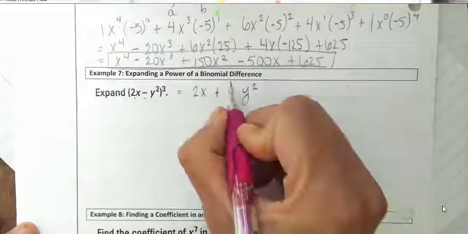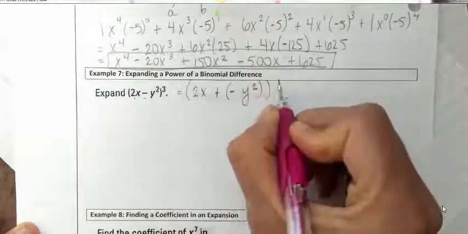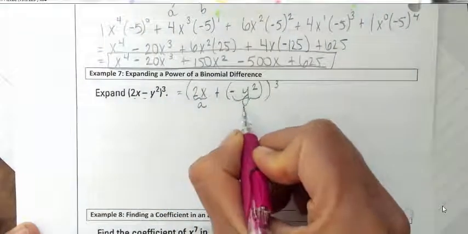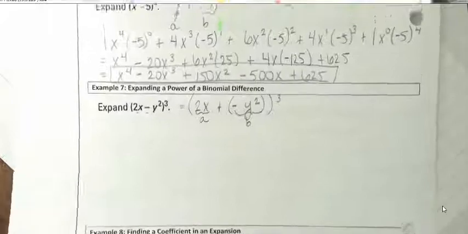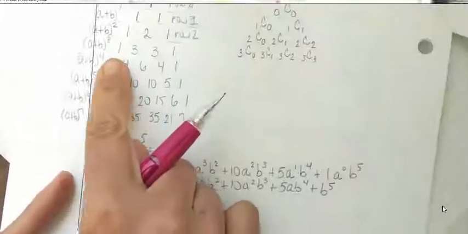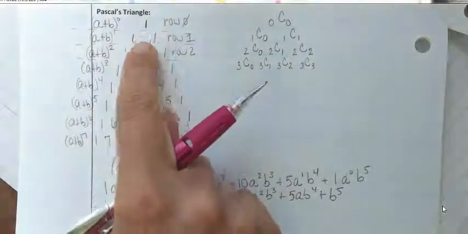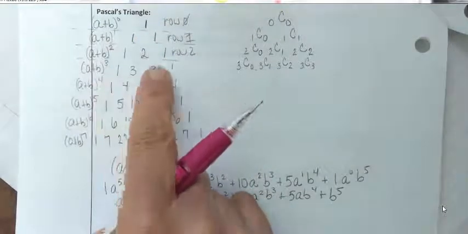Okay, and so negative y squared is really your b, and all of that is raised to the third power. So this part here is like your a, this part here is like your b. And if I go to the third row on Pascal's triangle, okay, that's really, and really that's 1, 2, 3, you got to go 4 rows down. Your coefficients will be 1, 3, 3, and 1.